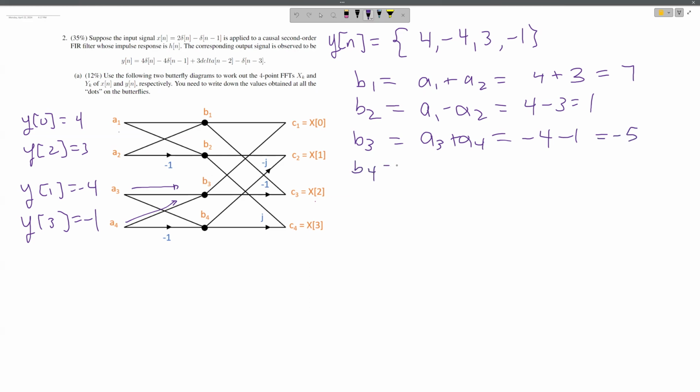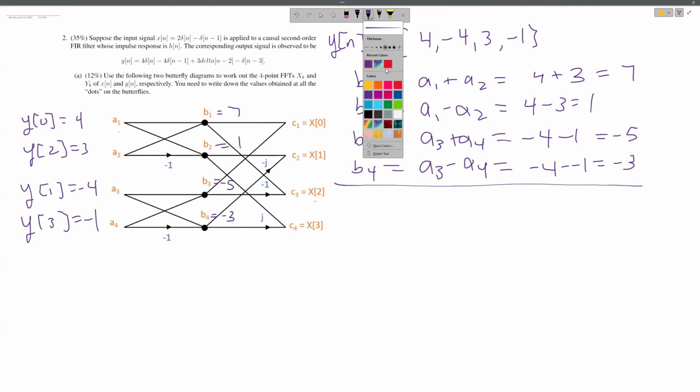B4 equals the difference, A3 minus A4, which is -4 minus -1 equals -3. So this is 7, 1, -5, -3. I'm now going to solve for C1, C2, C3, C4.